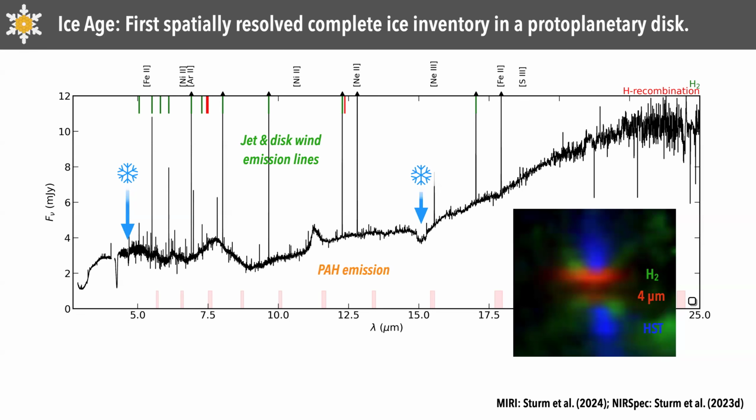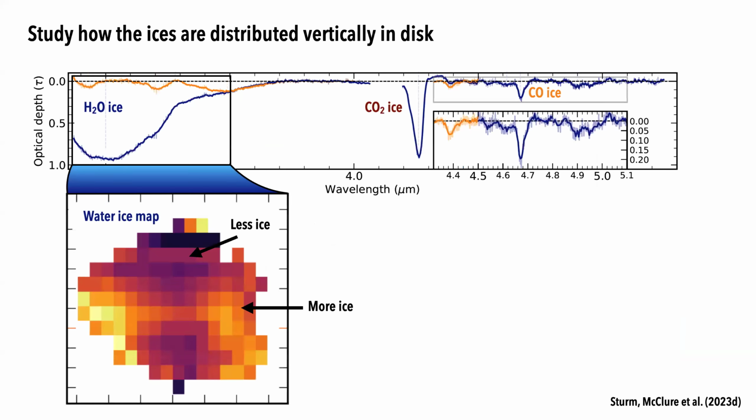And if we look over here, we can zoom in on just the part of the spectrum that contains most of the ices, so the near infrared part from like 3 to 5 microns.